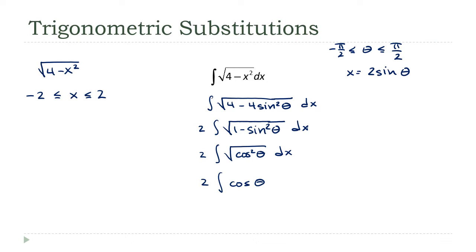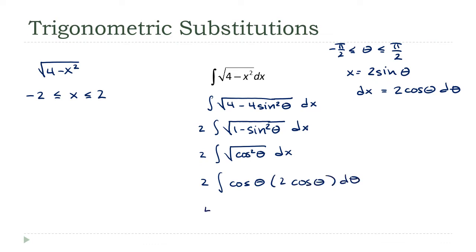Now let's worry about the dx part. If we differentiate up here, dx is equal to 2 cosine theta d theta. So I'm going to replace the dx with that, and this will be 2 cosine theta d theta.